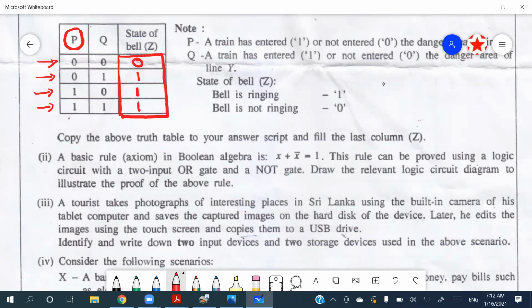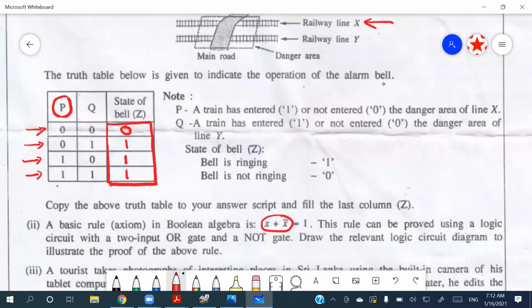So what they're asking you to draw is a circuit for this particular expression, x plus x bar, right? It's going to be an easy one.